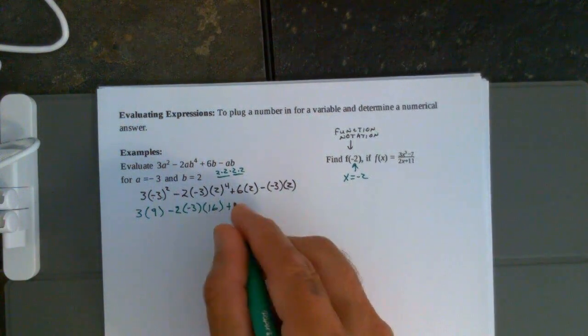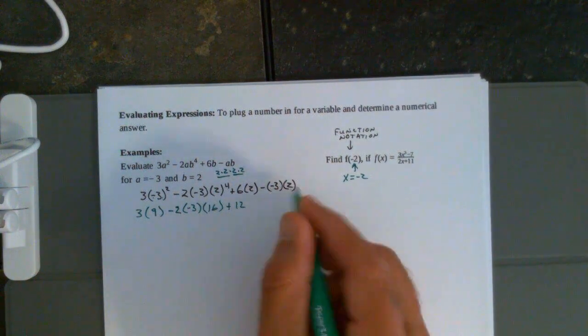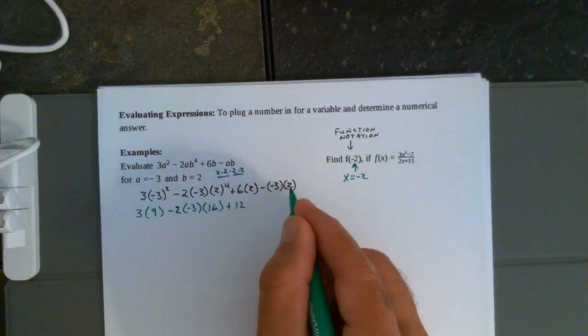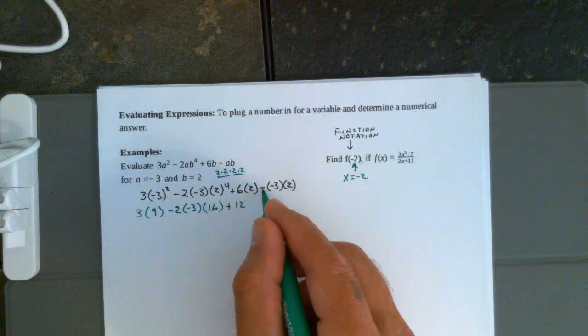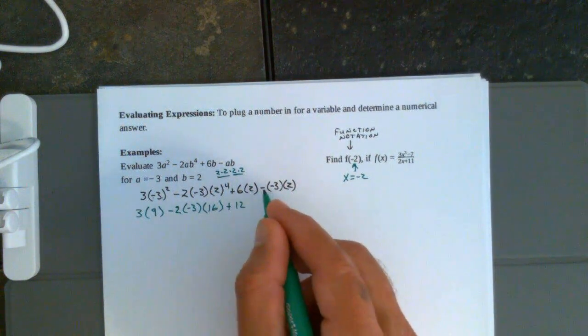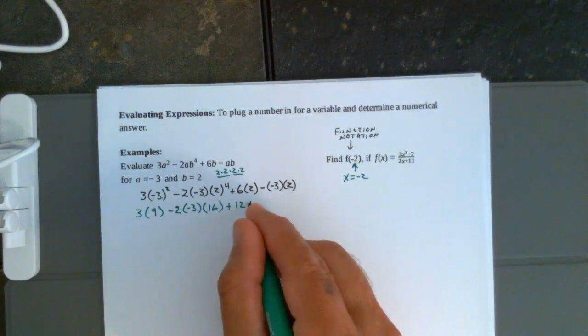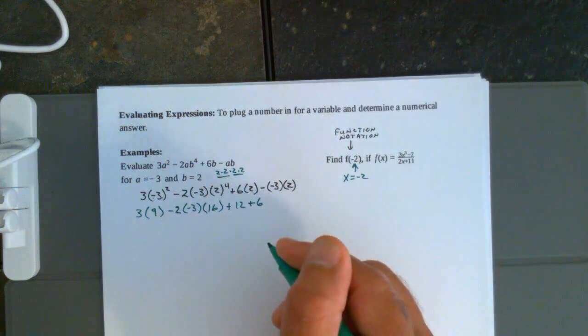6 times 2 is 12. -3 times 2 is -6, but then we have this other negative out here, which means opposite. The opposite of -6 is +6.